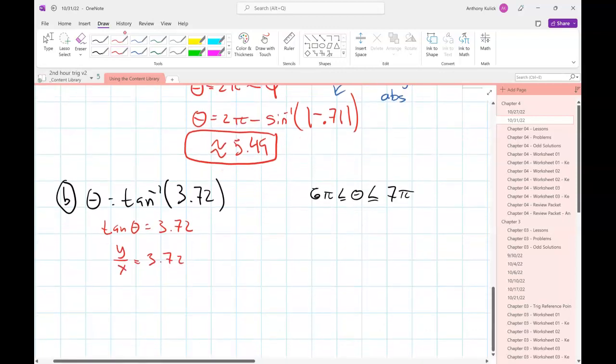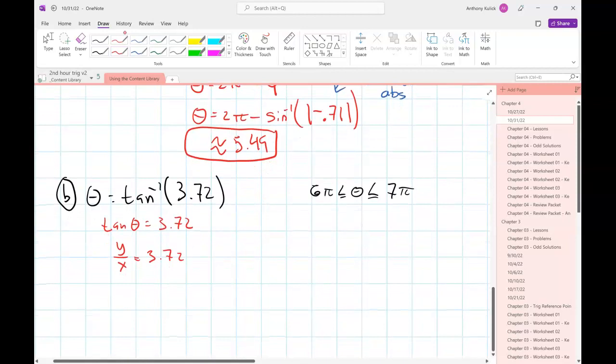So if I'm dividing two numbers, y and x, and getting a positive, what can I say about both of those two numbers? They're both positive or both negative.